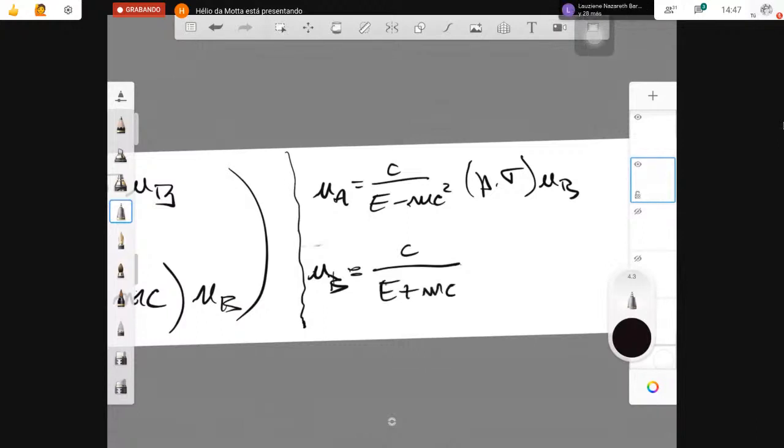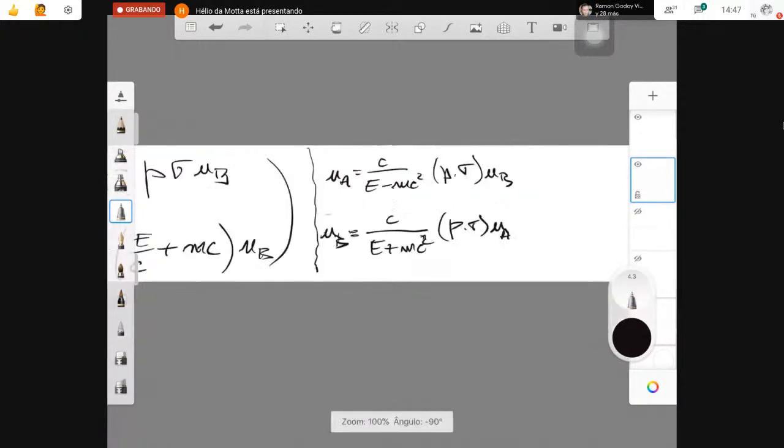But it's the same. If mc is much smaller than the energy, you can ignore it anyway.